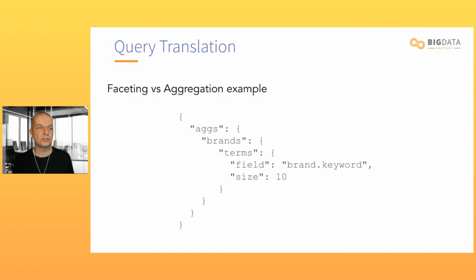Similar behavior from OpenSearch, aggs is the section for aggregation, brands, which will be the name of the aggregation. This is one of the main differences. You tend to put the aggregations with the name. You can get back to them later and so on and so forth. So it's represented in the response from OpenSearch as well.